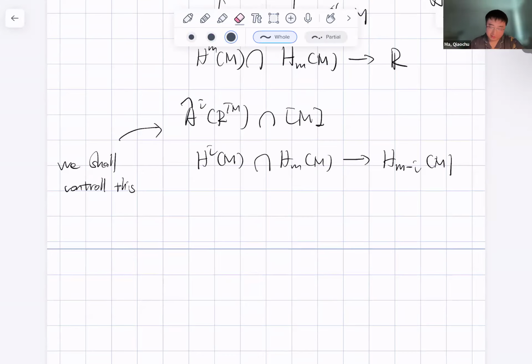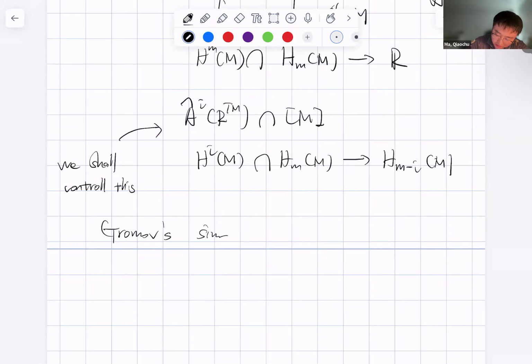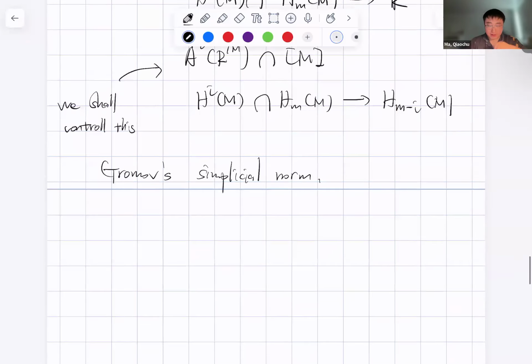So which norm? The norm is actually the Gromov simplicial norm. Its name is norm, but it's actually a semi-norm.